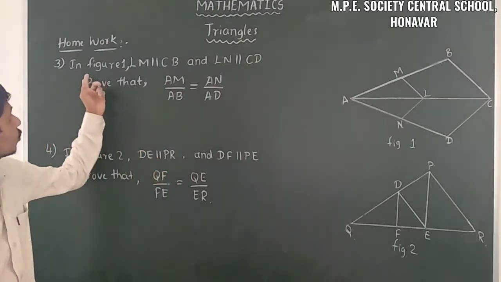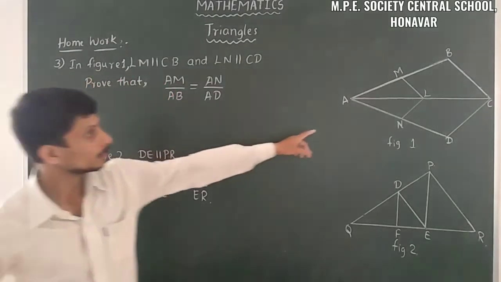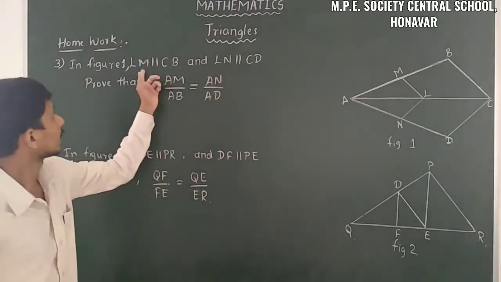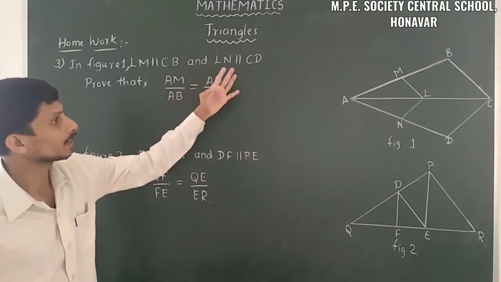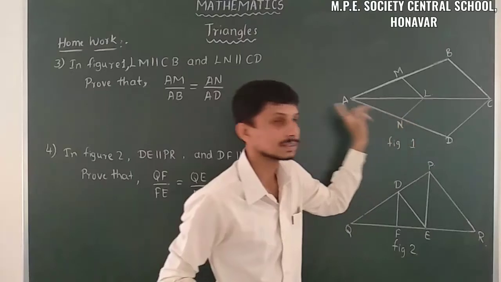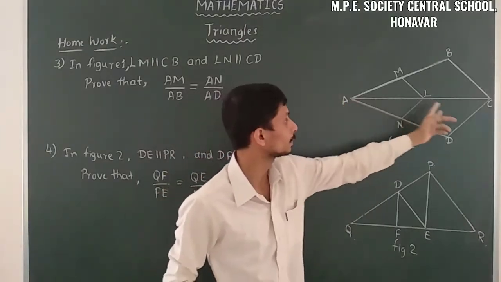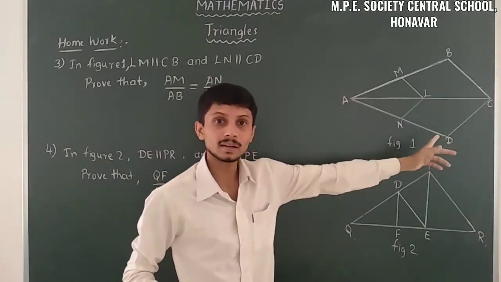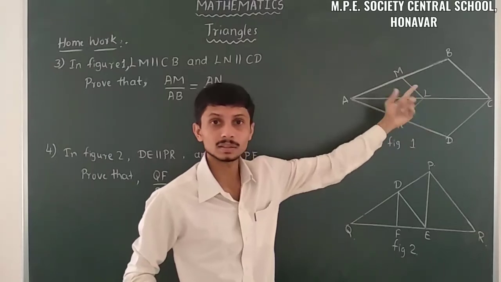So in figure 1, LM is parallel to CB and LN is parallel to CD. Just observe, ABCD is a quadrilateral. AC is a diagonal, which splits it into two triangles.